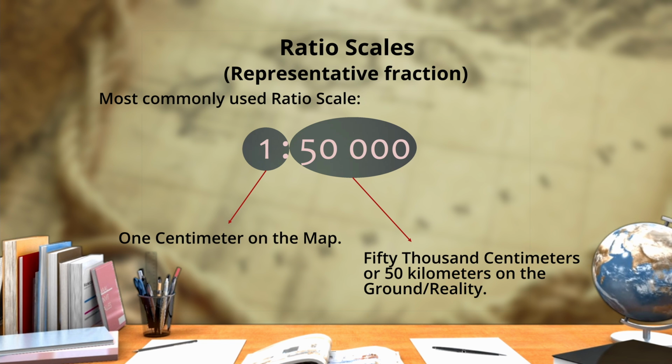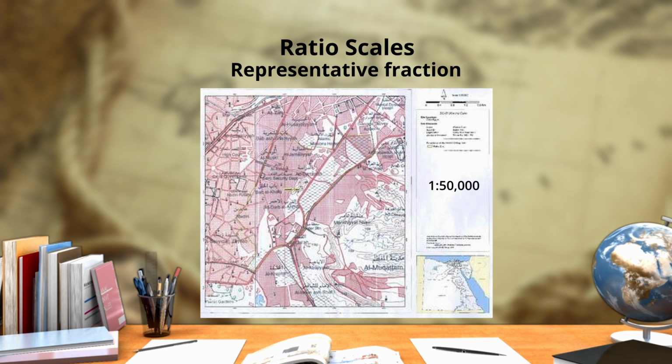A ratio scale is always in centimeters on both sides of the scale. The ground distance is in centimeter and the map distance in centimeter. So here, the 1 which is on the map is centimeter, and the 50,000 which is on the ground is in centimeters. So this is an example of a ratio scale of the map.